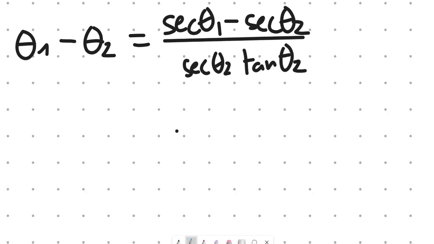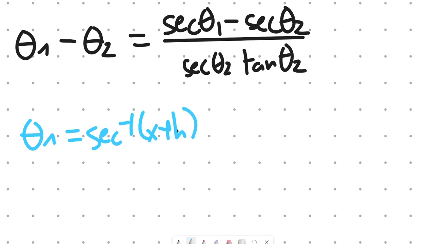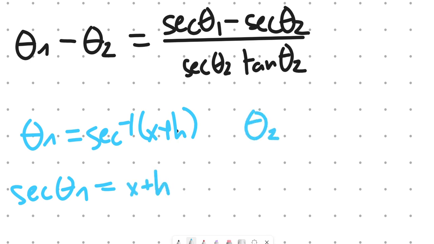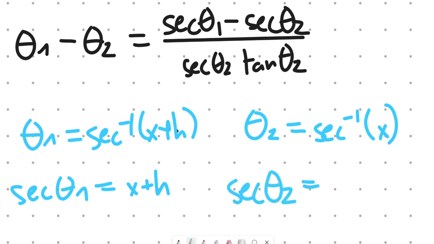Now, we previously substituted theta 1 as equal to the inverse secant of x plus h, which indeed means that secant of theta 1 is equal to x plus h. And the same thing goes for theta 2, which was the inverse of secant of x. So if we take the secant on both sides, we'll get secant of theta 2 equaling x. So we can plug x in here, and x plus h and x in the numerator.